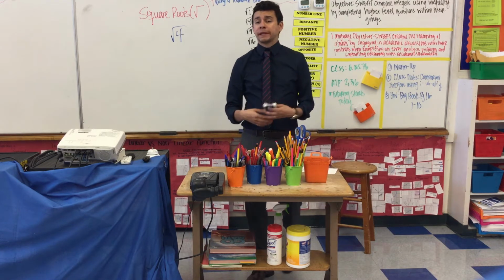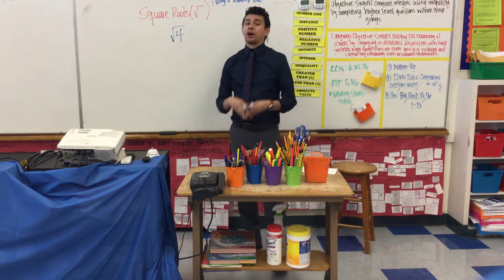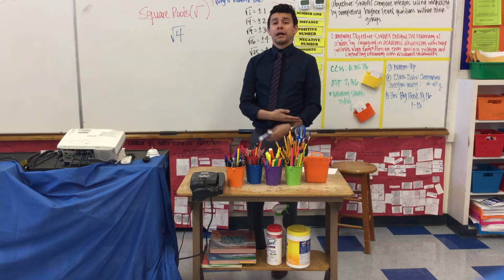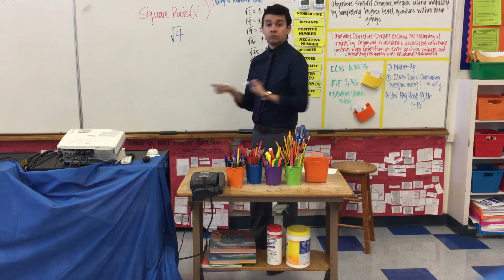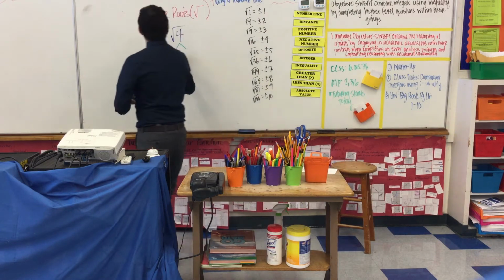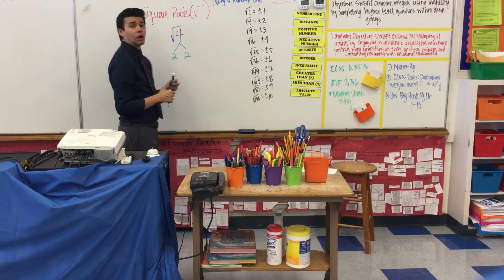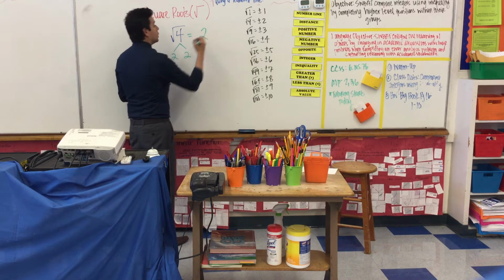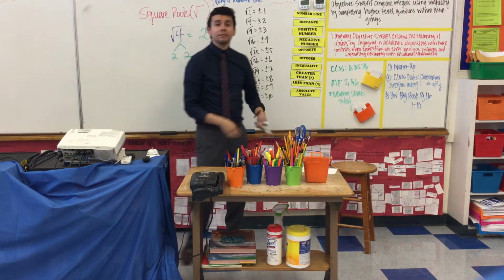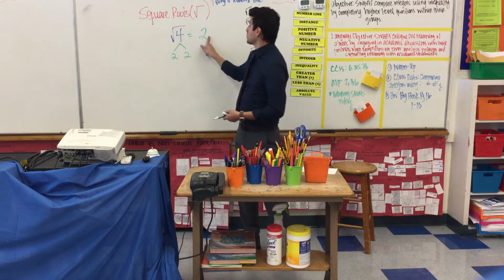Once again, let me repeat that. What two numbers that are the same, when you multiply them, give you 4? So the answer, hopefully, is 2, right? 2 times 2 is 4. So therefore, the square root of 4 is going to be 2. You're done. That's it. Because 2 times 2 is 4.